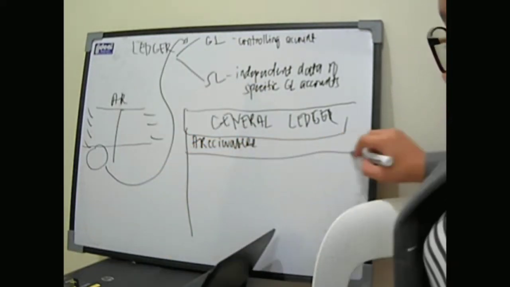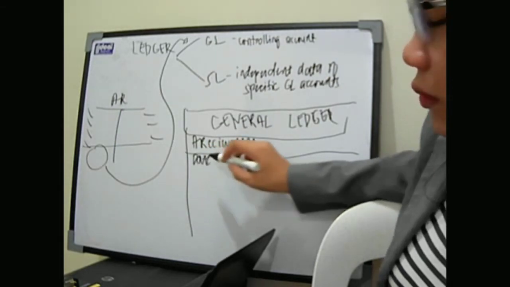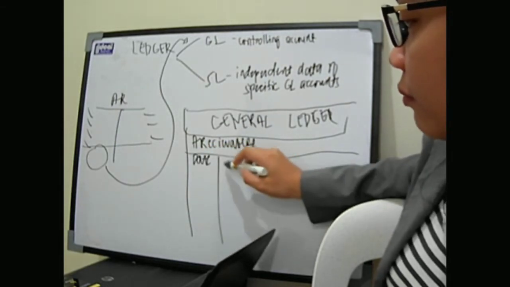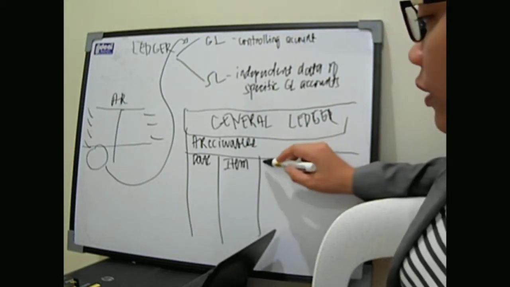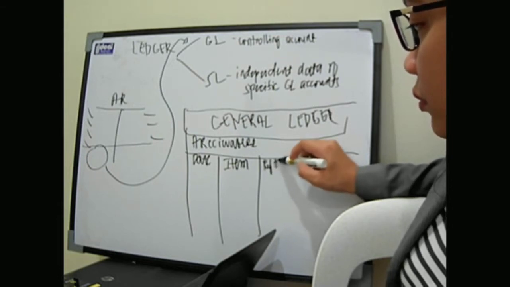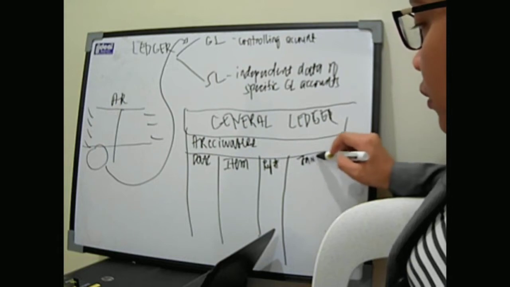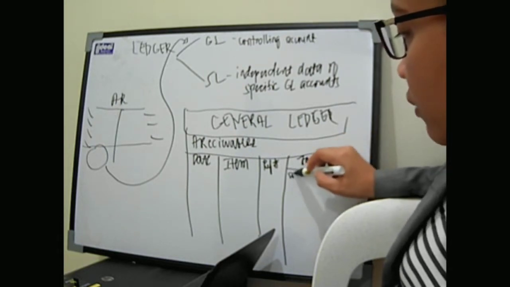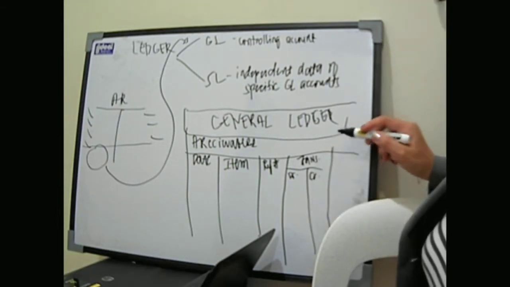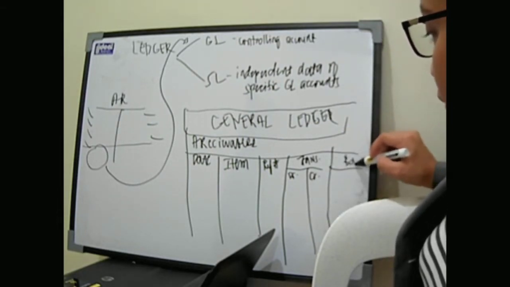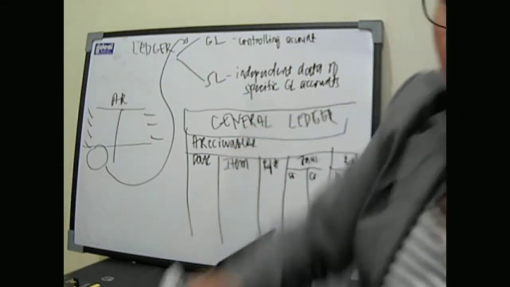And what we can see is the date, the item, the reference number, the posting reference, the transaction that happened, whether debit or credit, and of course the balance, debit or credit.